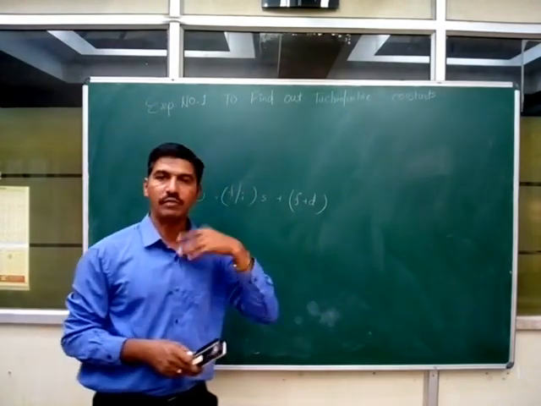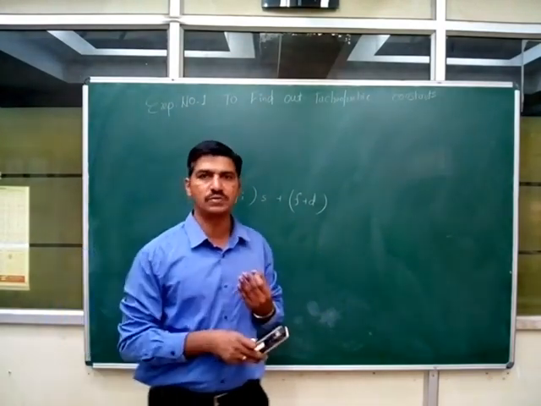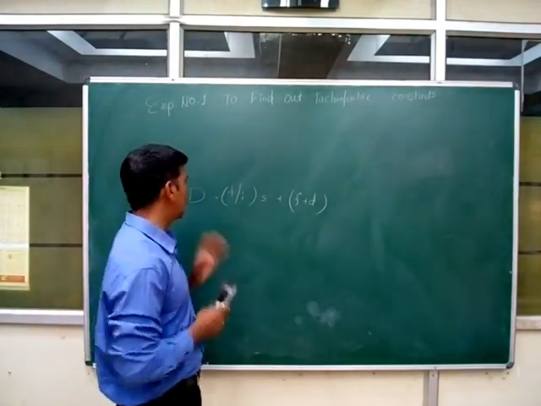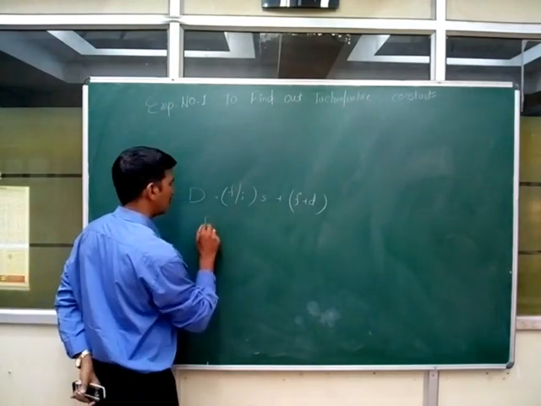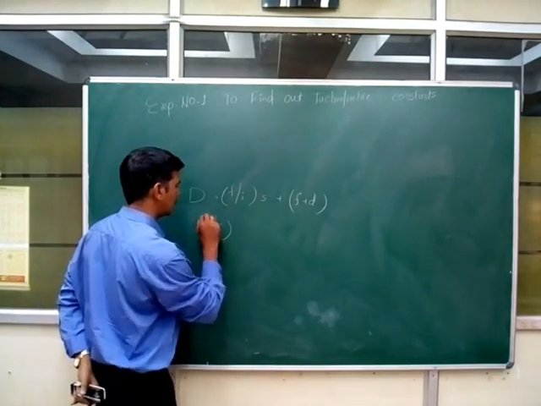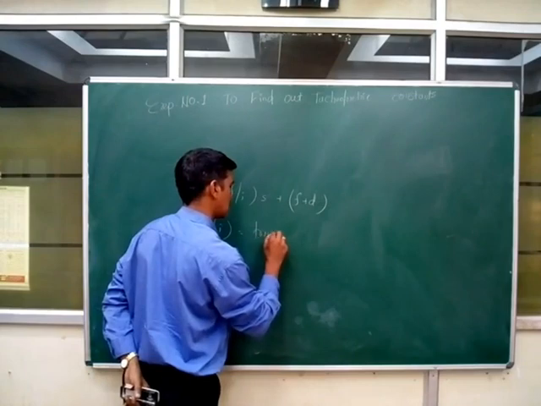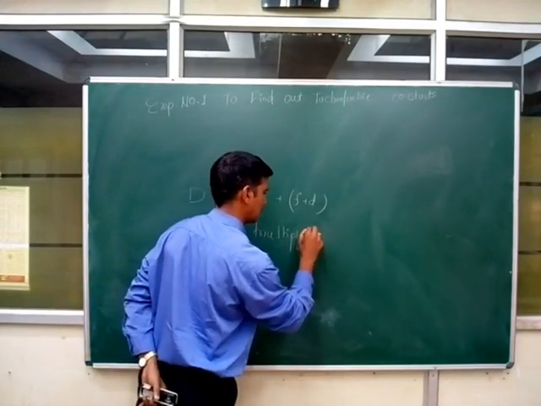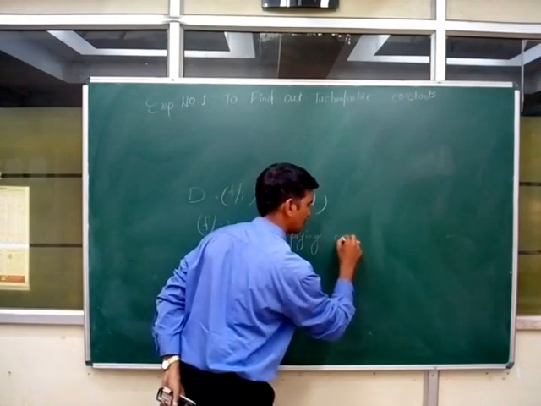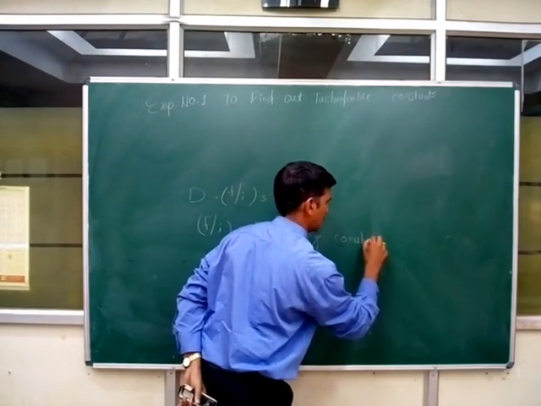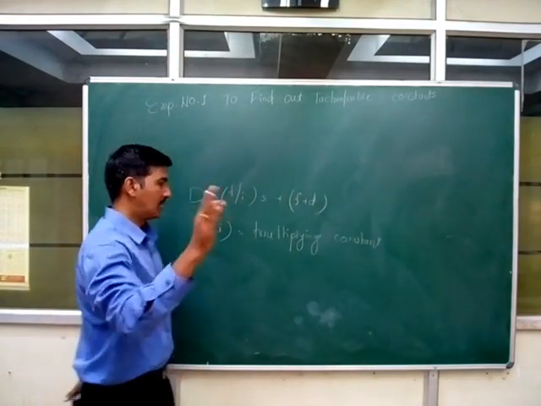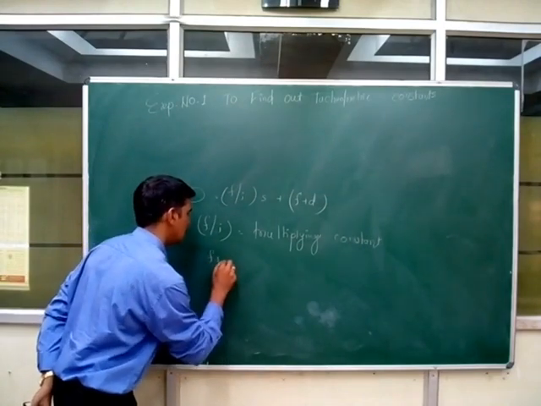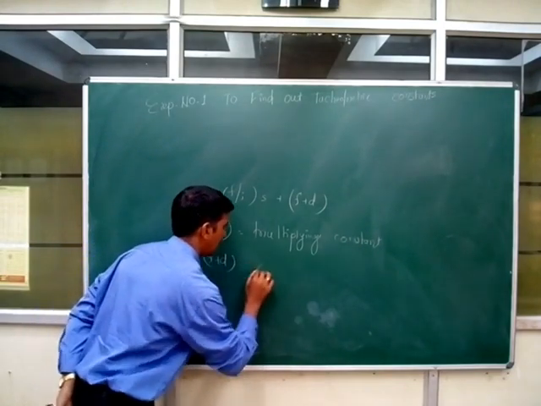But before moving forward with this session, first of all we would like to find out what is F upon I. F upon I is the multiplying constant, and F plus D is the additive constant.